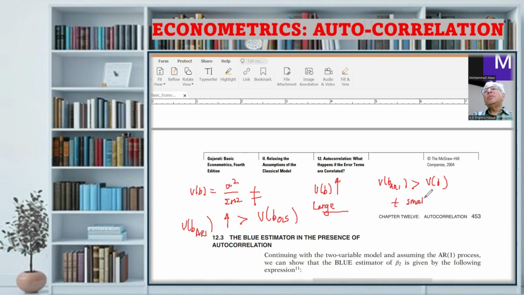Remember the same problem that we have discussed. If I'm looking at the distribution of B, this is my beta, and this is my 95% confidence level within beta. T becoming small means the t value may come back to here. And this is my null hypothesis: beta equal to 0.